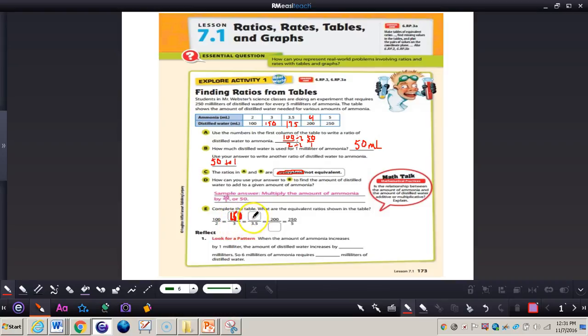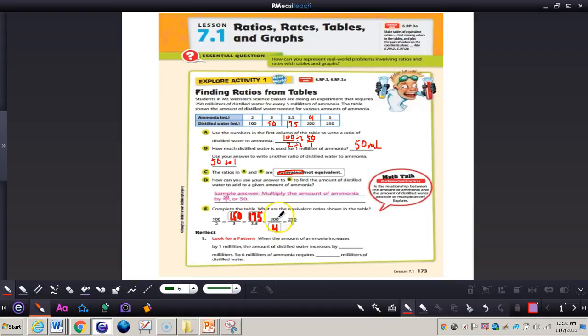Now, for the next one, this is going to be 175 to 3.5. So this is not a full 50 to 1 ratio. This is a 25 to a half there. So we added 25 milliliters to distilled water and just a half a milliliter for ammonia. Now for the next one, we can see 200. It'll be 200 to 4.